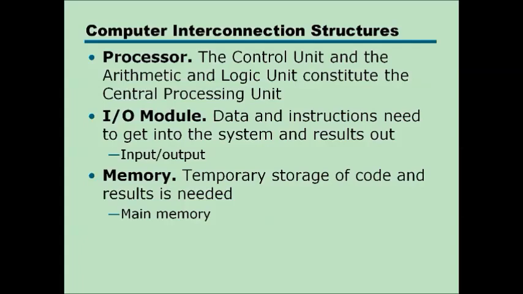Then the I/O module: data and instructions need to get into the system and results out. So this is what you call the input or output. Memory: temporary storage of code and results is needed. So this is the main memory.